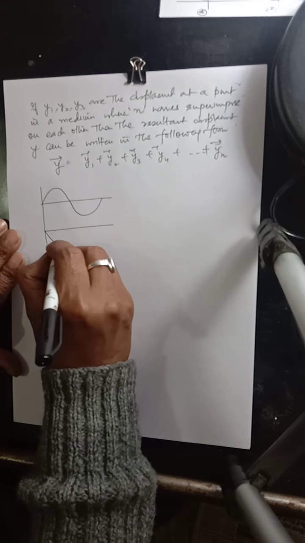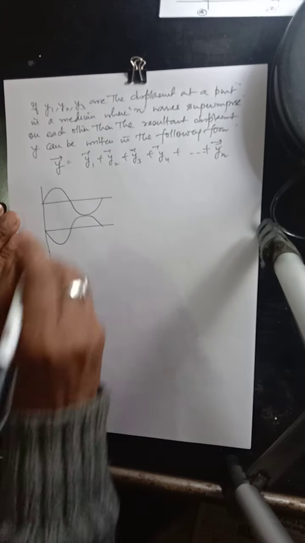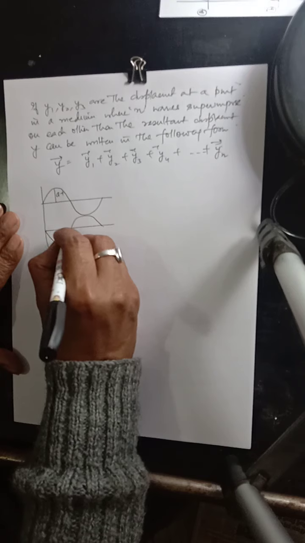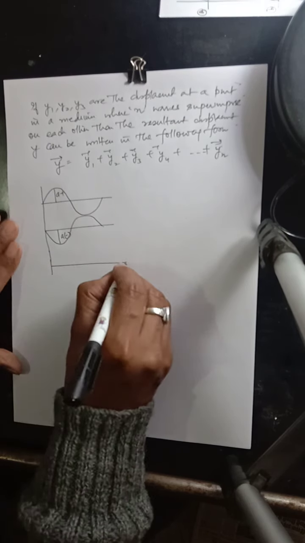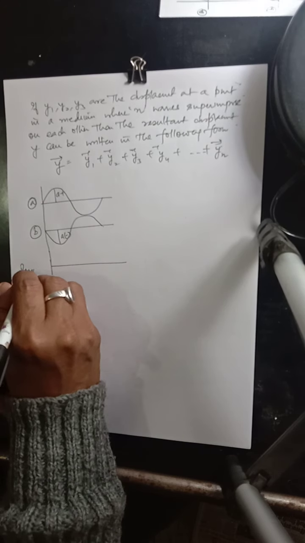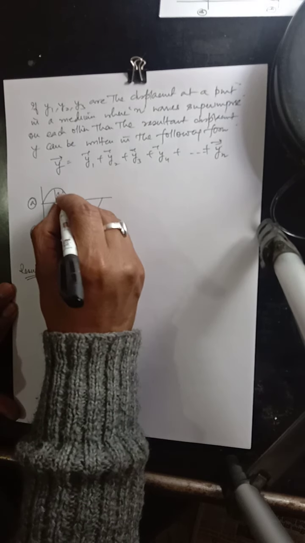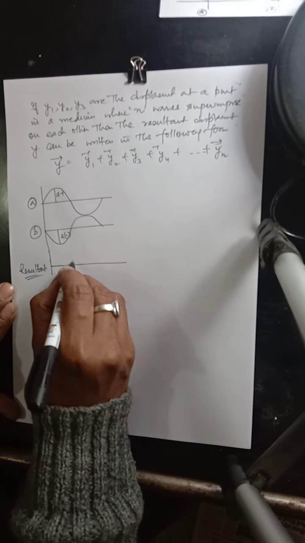It is A in the positive direction, it is A in the negative direction. So this is A, this is B and this is the resultant. So A plus minus A becomes 0 here.